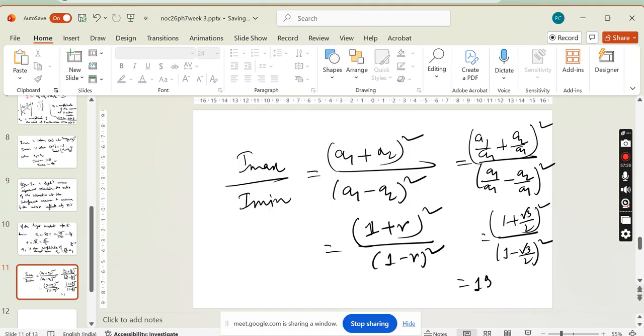That is 194. So I max is basically 194 times I minimum.